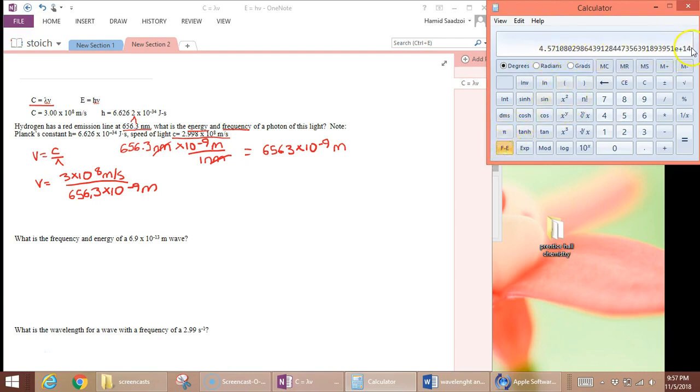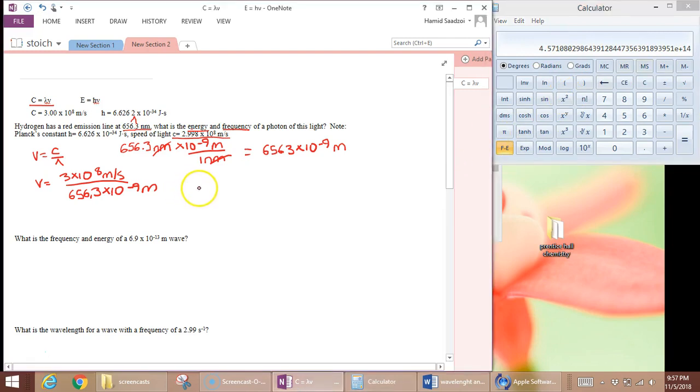So now you can see it's times 10 to the 14. We're not going to write all these numbers, that'd be insane. So what we're going to write instead is 4.57 times 10 to the 14th power. The units for this are s to the negative 1. That's because the meters go away.